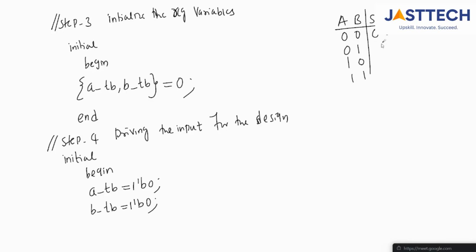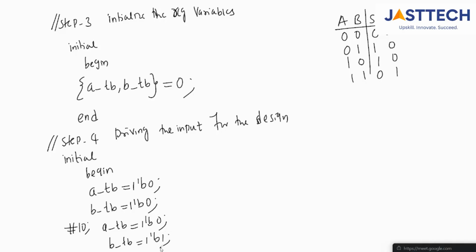Sum 0 carry 0, sum 1 carry 0, sum 1 carry 0, sum 0 carry 1. Next I am giving a delay of 10 time units. After 10 time units, a underscore tb equal to 1'b0 and b underscore tb equal to 1'b1.